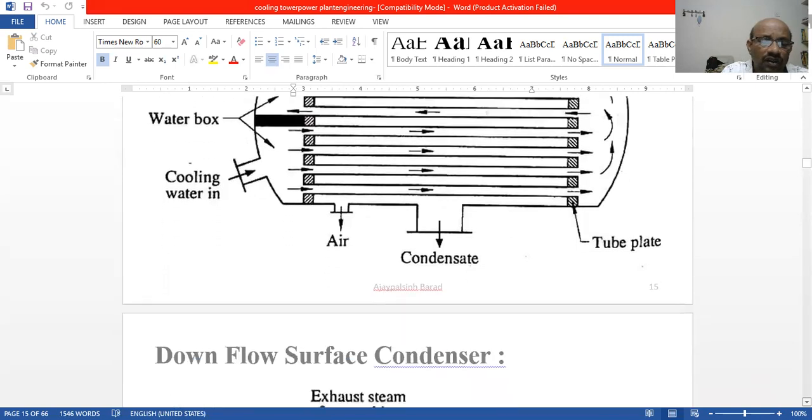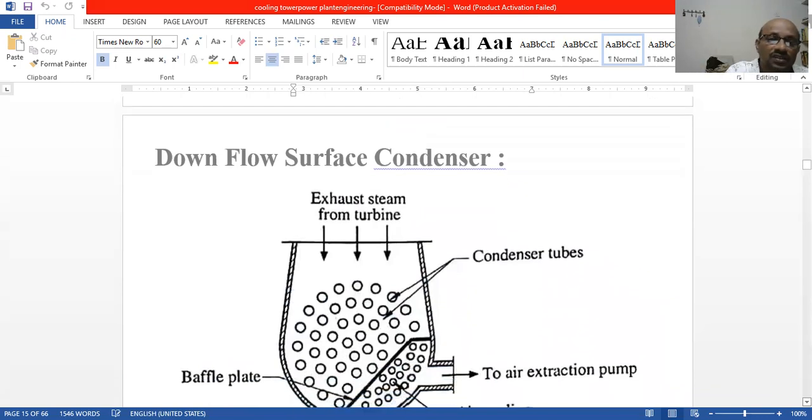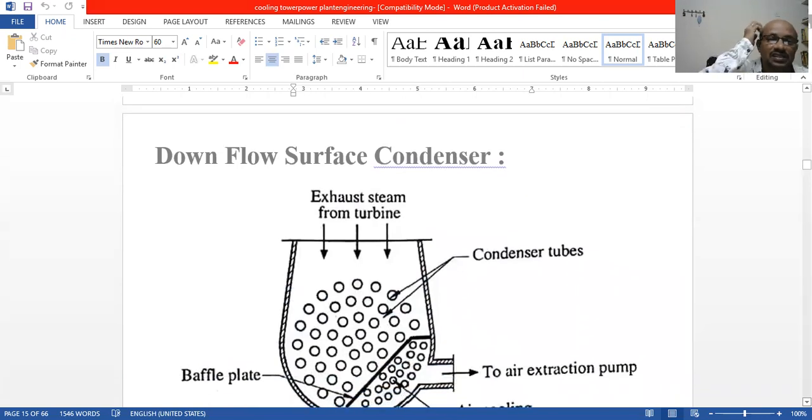Next we will go for another one, the down flow surface condenser. In the down flow surface condenser, exhaust steam from the turbine is coming, and a number of tubes will be there.